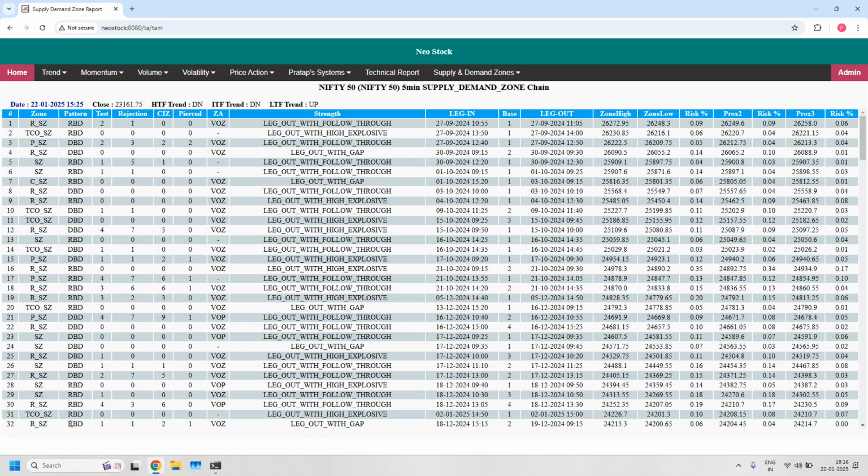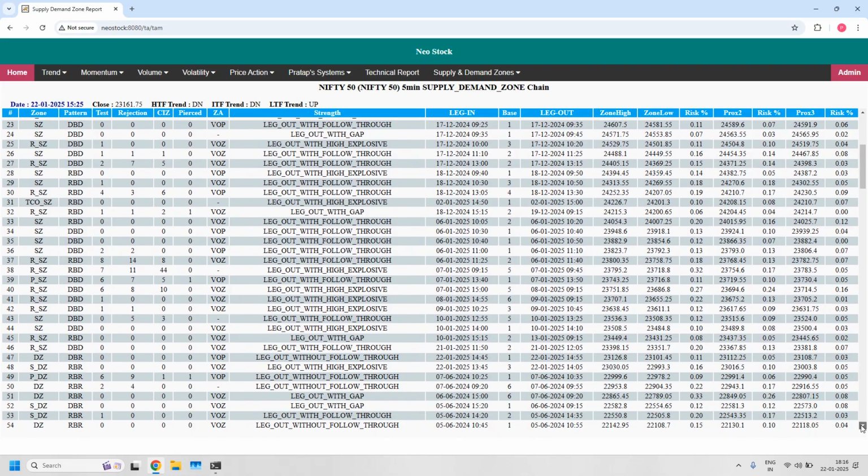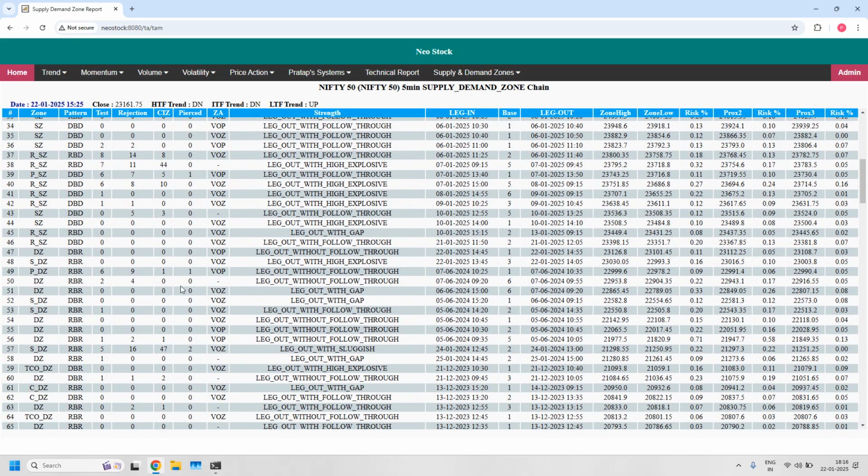All these are supply zones. So let me scroll the list down. Okay, this is the nearest demand zone to the current closing price, and this is the nearest supply zone. Okay, this is about Nifty supply demand zone chain.